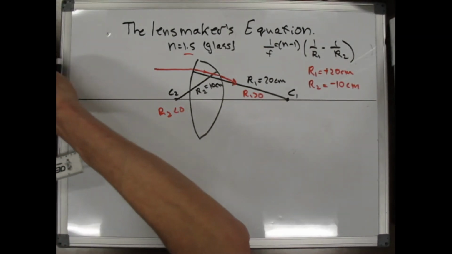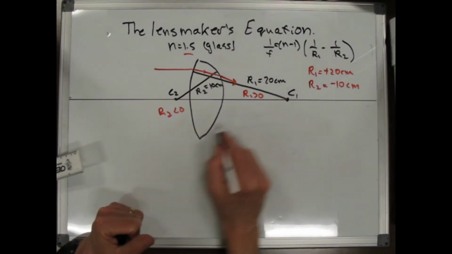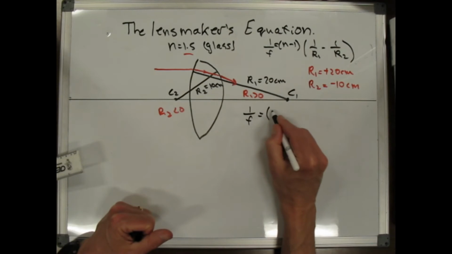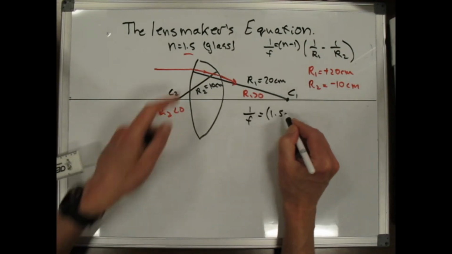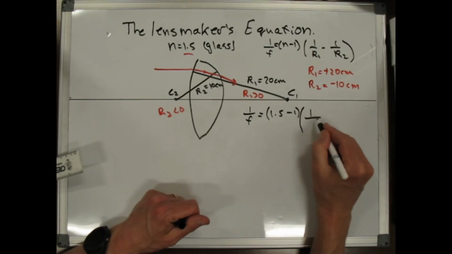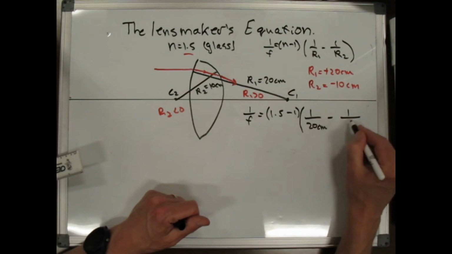And so now I can evaluate this. Now I have n and I have R1 and R2. I can say, look, 1 over the focal length is 1.5, that's my index of refraction, minus 1, times 1 over 20 centimeters, minus 1 over minus 10 centimeters.